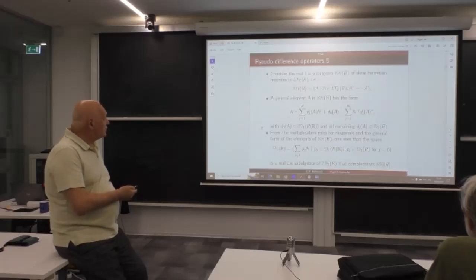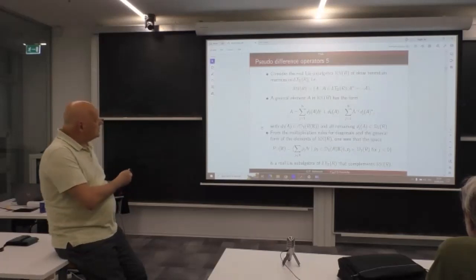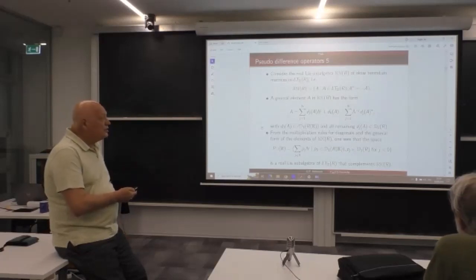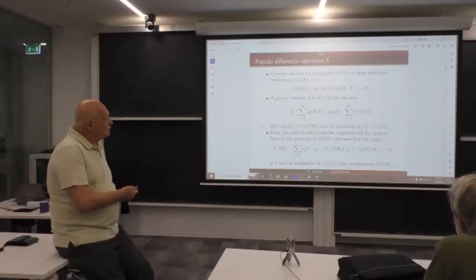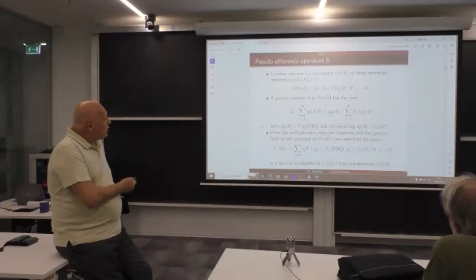I take SHR, the skew Hermitian matrices in the pseudo-difference operators, so A star should be equal to minus A. Now you can easily see that the general element has this form, with the zeroth diagonal being completely imaginary, and all the other diagonals are arbitrary.